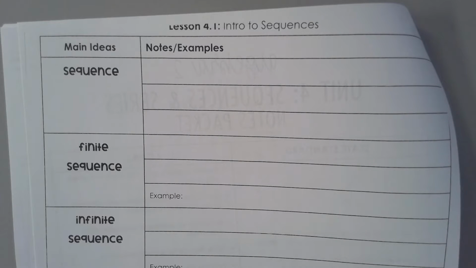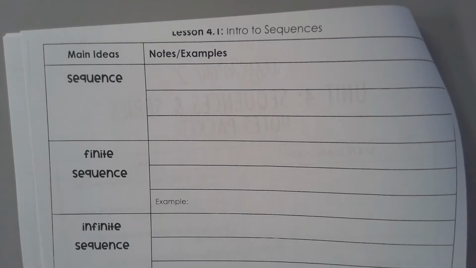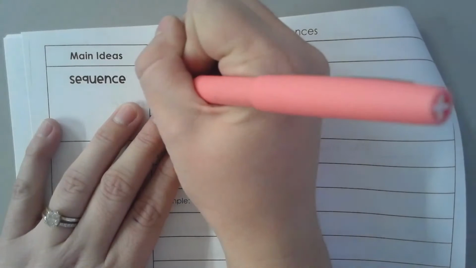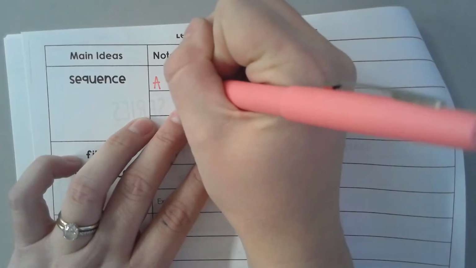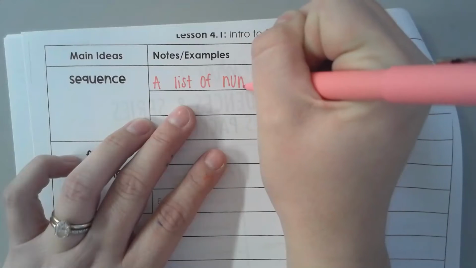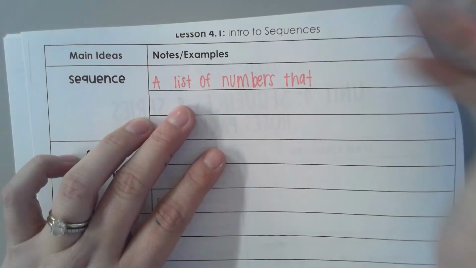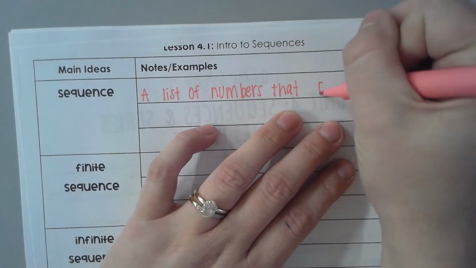We're going to start talking about sequences. This unit is on sequences and series. And a sequence is a list of numbers that follows a pattern.